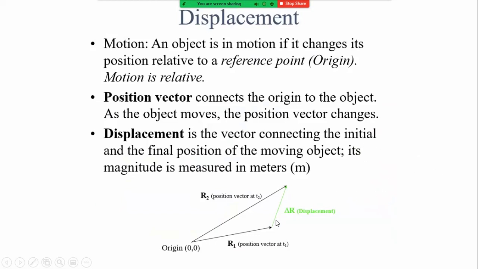So very quickly, this is just a recap of what I was going over with displacement. So the origin and the final position is the displacement, and remember, displacement is not total distance traveled.